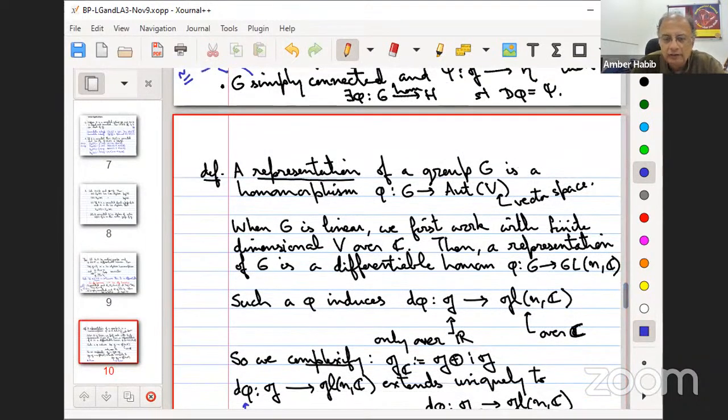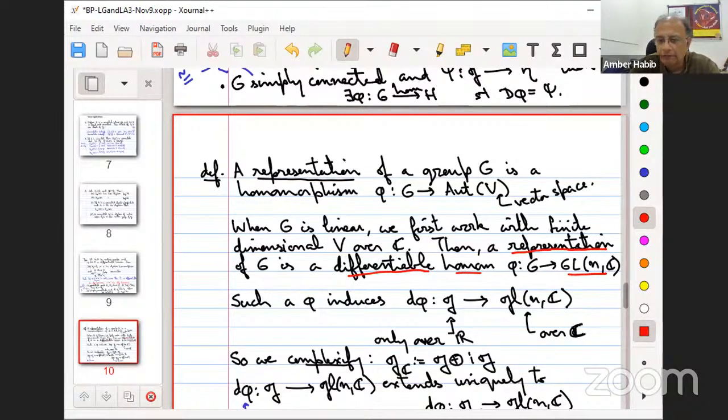So now for us, rather than talking about arbitrary representations, we talk about differentiable homomorphisms from G to GL_n(C), because we want to work over complex numbers and finite dimensional vector spaces. So that is what a representation is for us, just a special case of a differentiable homomorphism.